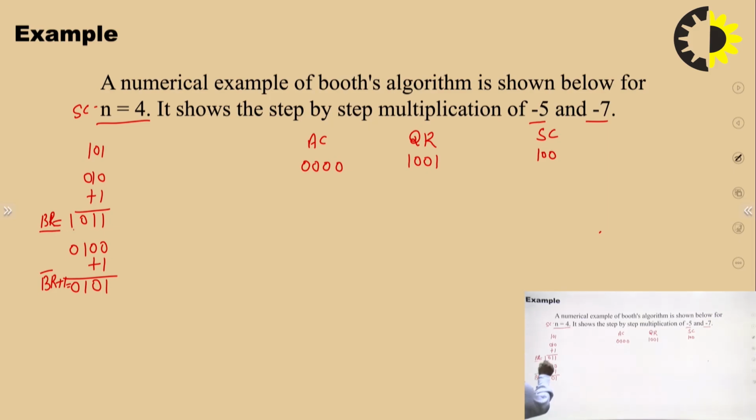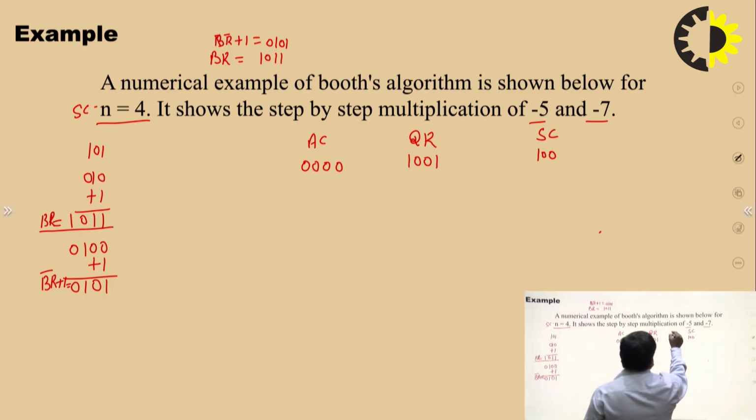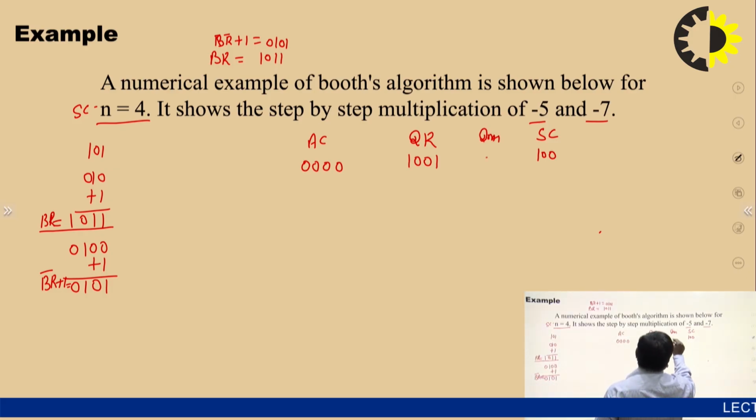Now, that is the BR. We write down here the BR, 1 0 1 1, and what is the BR plus 1? That is 0 1 0 1. Now, in starting, that is Qn plus 1, 0.